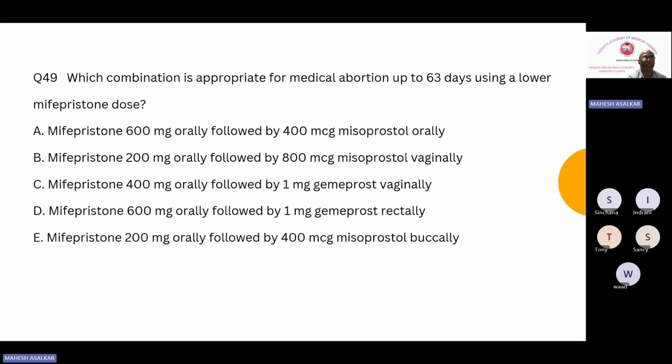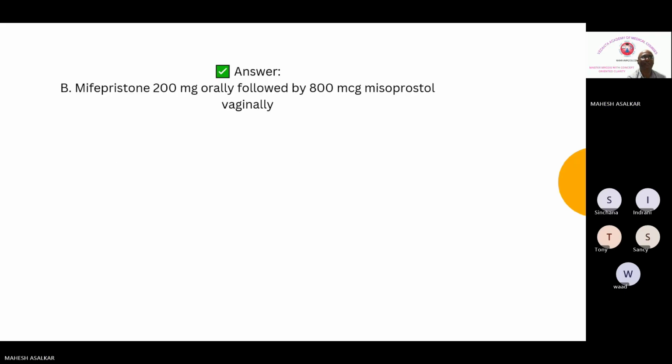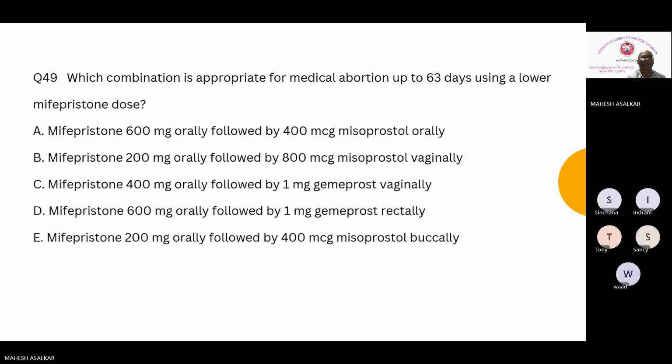With 1 milligram of gemiprost there are two mife doses, 200 and 600. Here they have given mife 400 and 600, which is why they are not correct. If gemiprost is to be used, mife will be 200 or 600, combined with 1 milligram of gemiprost. This one is also not correct because the dose is 400 here. So the only option here is B. Okay, you got it.